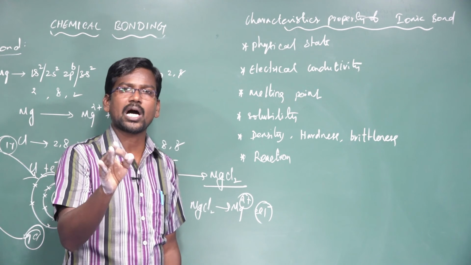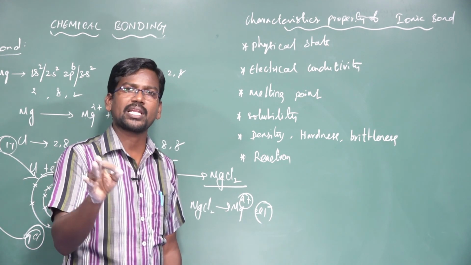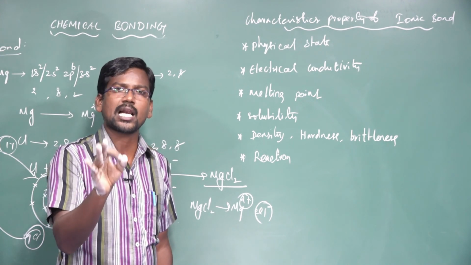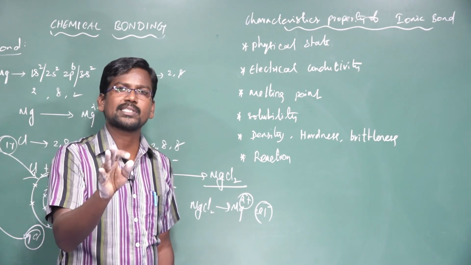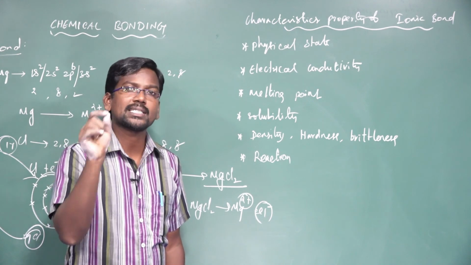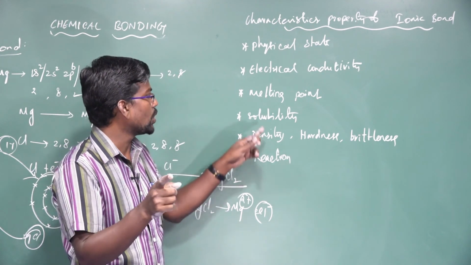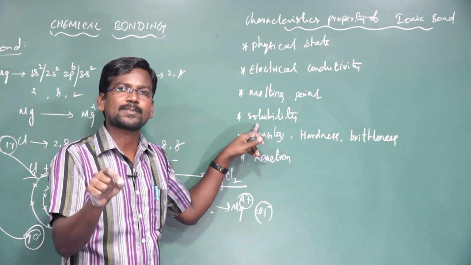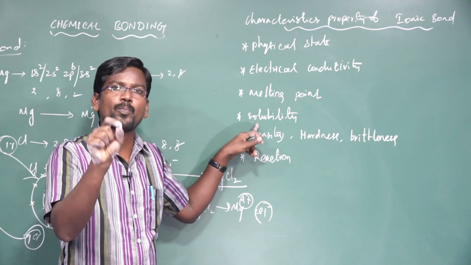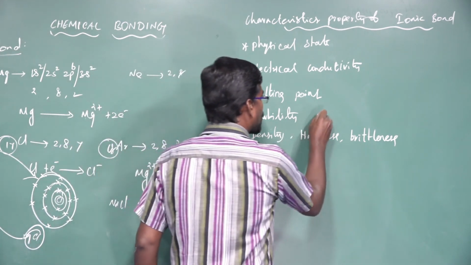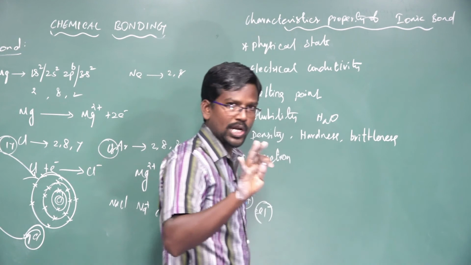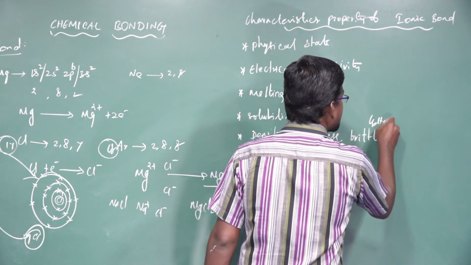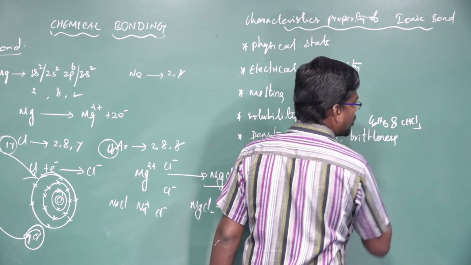Organic substances are soluble in organic solvents. Inorganic substances are soluble in inorganic solvents. Polar substances are soluble in polar solvents. Non-polar substances are soluble in non-polar solvents. Polar substances are not soluble in non-polar solvents. Similarly, ionic compounds are polar substances, soluble only in polar solvents like water, H2O. Water is not soluble in non-polar substances like benzene, C6H6, and chloroform, CHCl3.